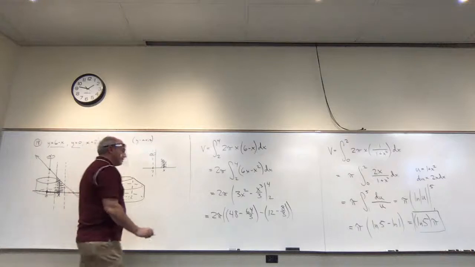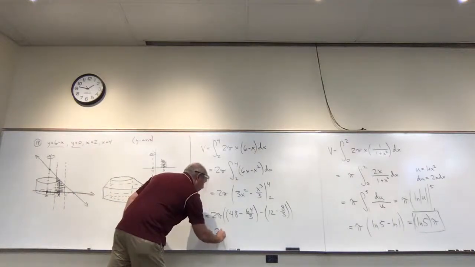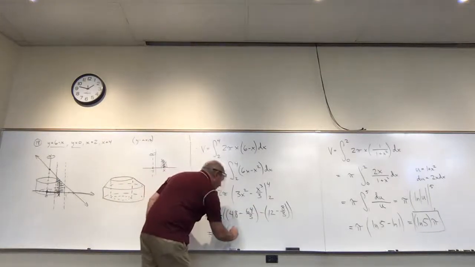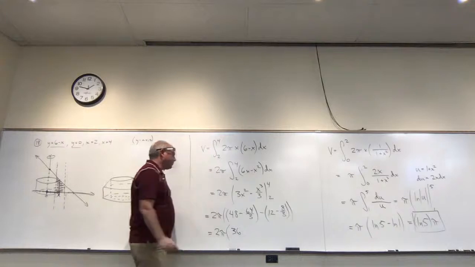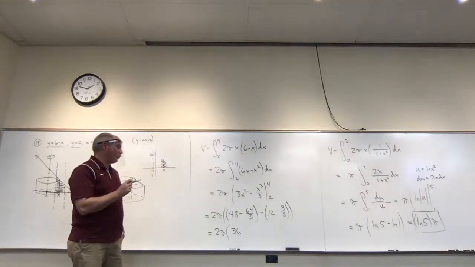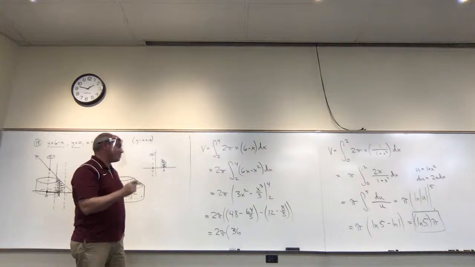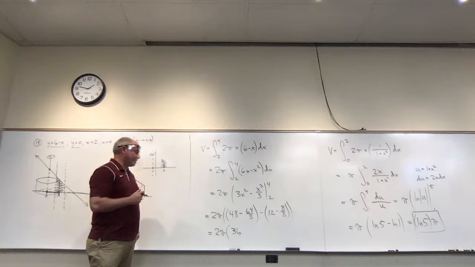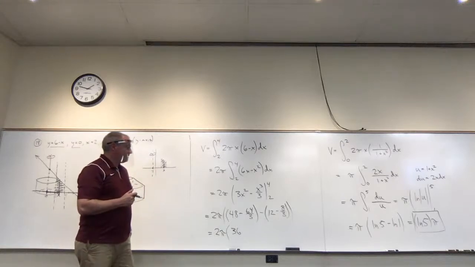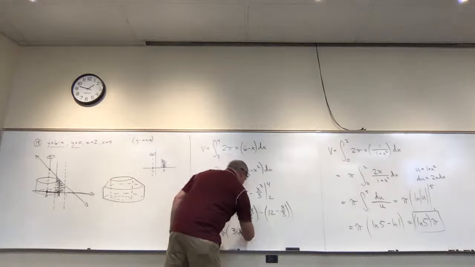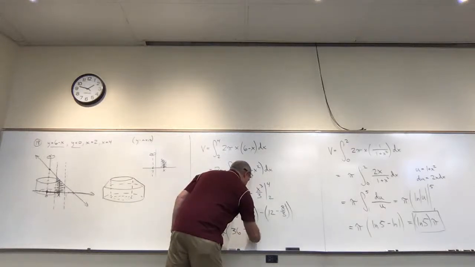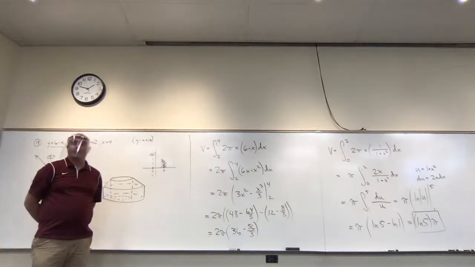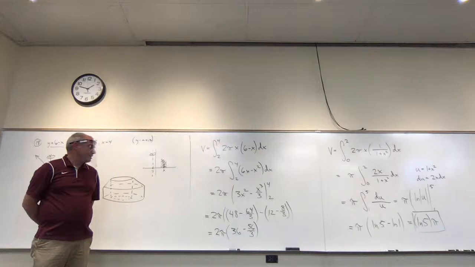Now we just need to combine things. We'll just let the 2 pi hang out again. And then we get 48 minus 12, otherwise known as 36. And then we get minus 64 over 3, minus, so plus 8 over 3. So in other words, what's negative 64 plus 8? Negative 56 over 3. Is 56 divided by 3 a whole number? No. Sad.